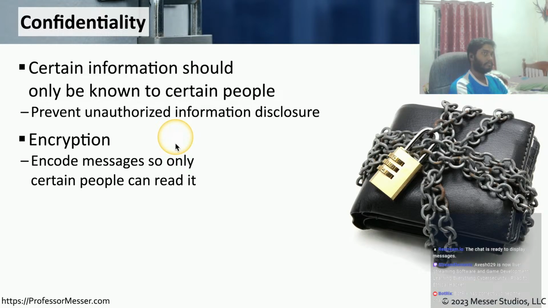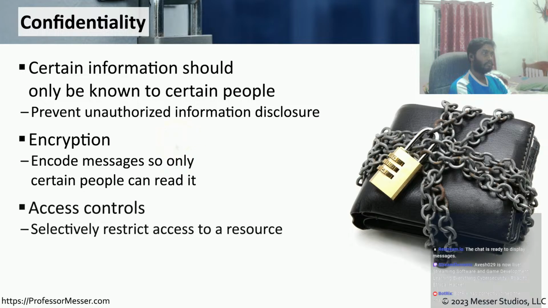Obviously, anyone in the middle who happens to get access to that encrypted data has no idea what's on the inside, and if they were to look at that data, they would not be able to discern anything important from that information. Another common way to provide confidentiality is to set limits on what someone may have access to.